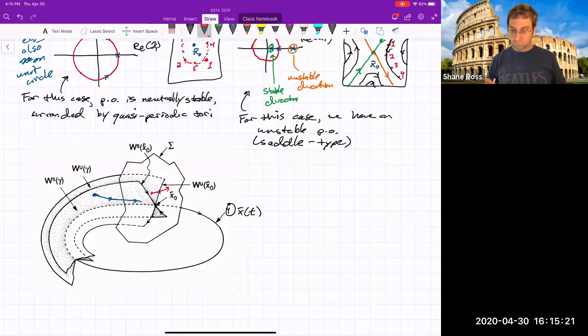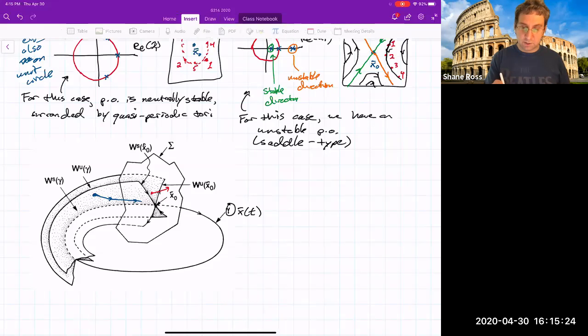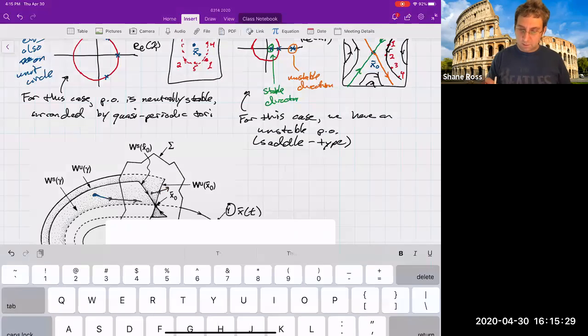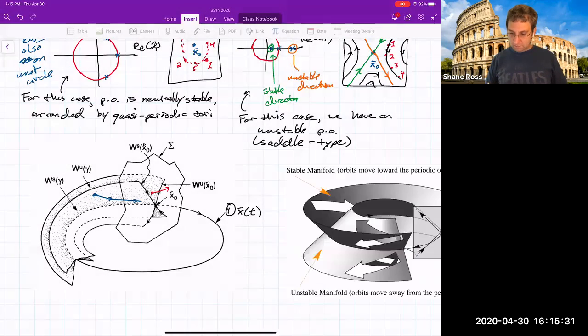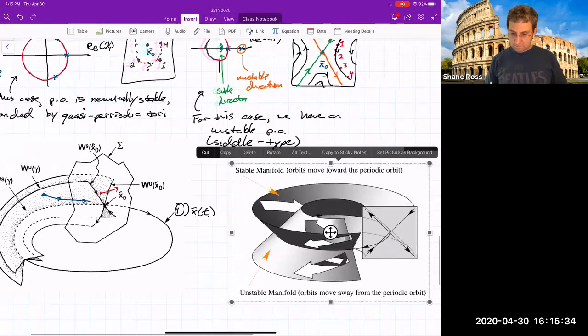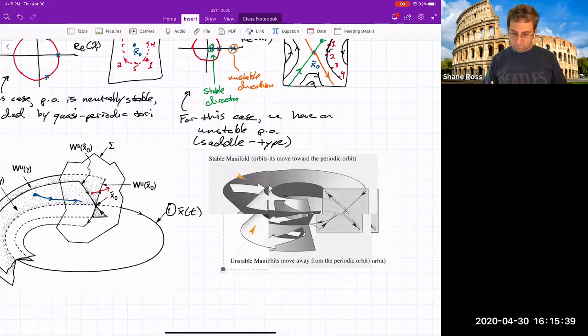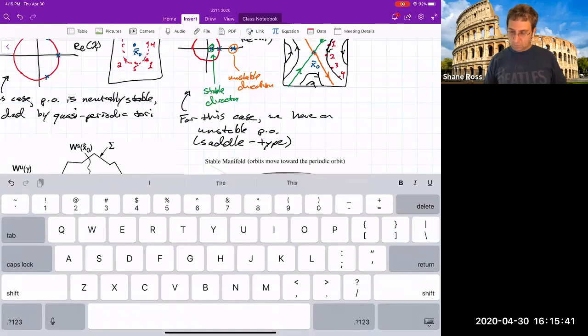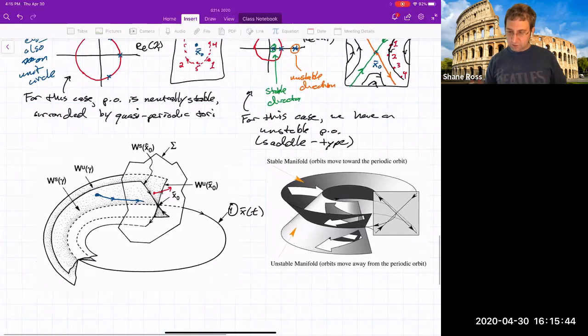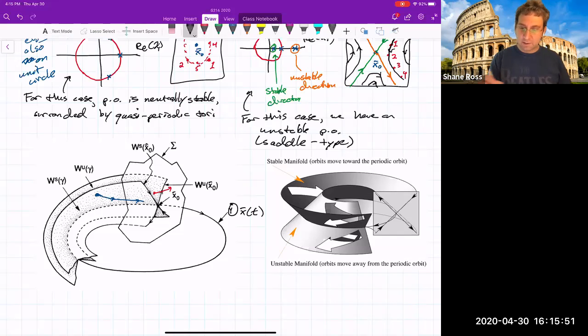I can draw or insert another picture of that. So this is just another picture of the same thing, where we've got the periodic orbit, we've got this Poincaré section here, and what happens to initial conditions.